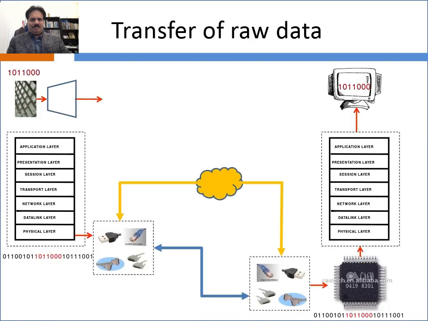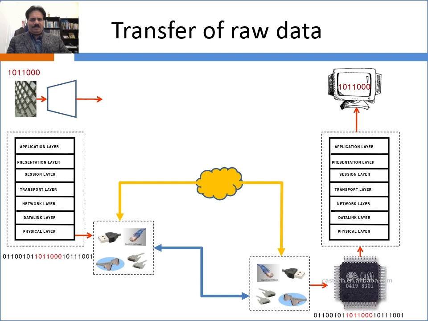This slide is an extension of the previous slide. As you can see, the left hand side is a keyboard, the right hand side is a monitor, and the data is coming from the keyboard and passing through all the layers, and then at the end there is a connector that connects to the monitor on the right hand side through the cable.